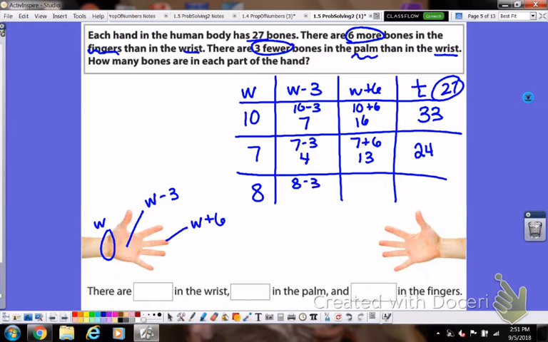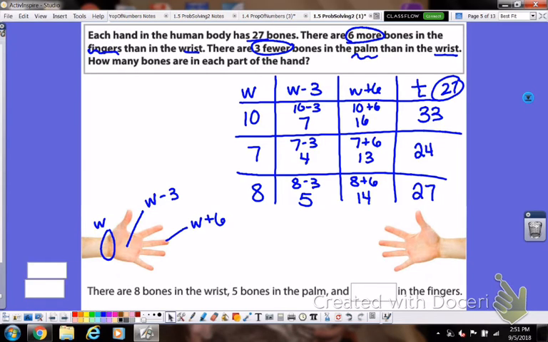Okay, so 8 minus 3 for our palm gives us 5. 8 plus 6 for our fingers gives us 14. 8 plus 5 plus 14 gives us our 27. Okay, so then we fill in our boxes at the bottom. There are 8 bones in the wrist, 5 bones in the palm, and 14 bones in the fingers. Make sure you guys fill in the pieces down here to complete your answer.